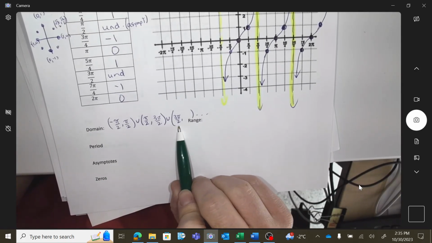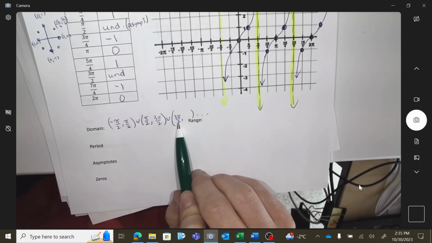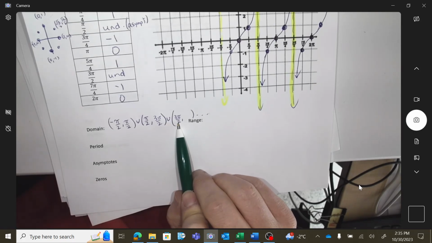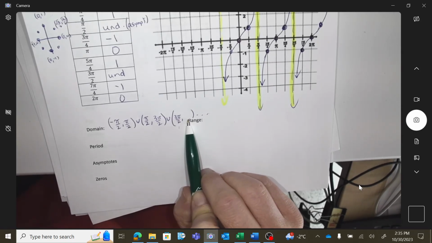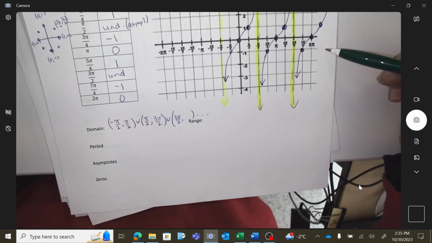What's the next stop point? Where's the next time we hit an asymptote? Anybody know the next number out here?